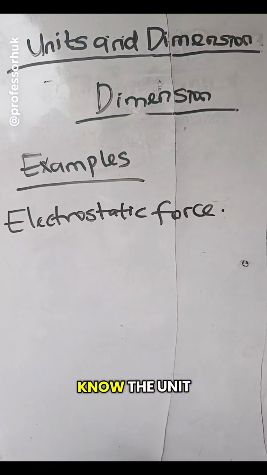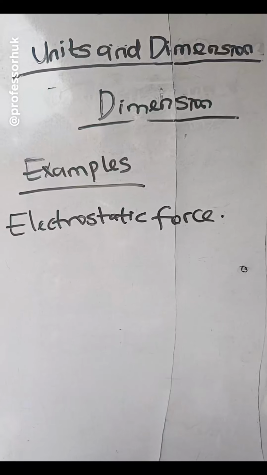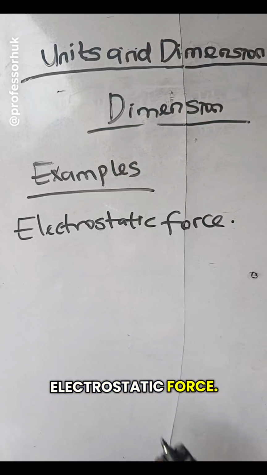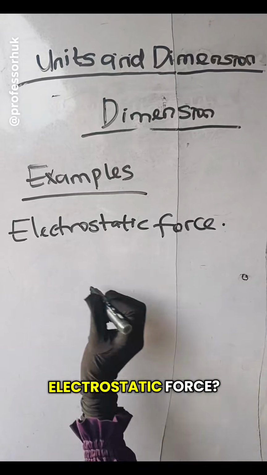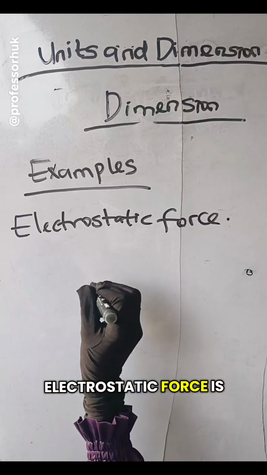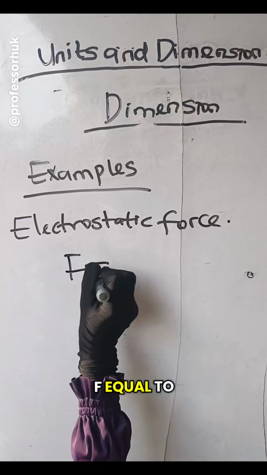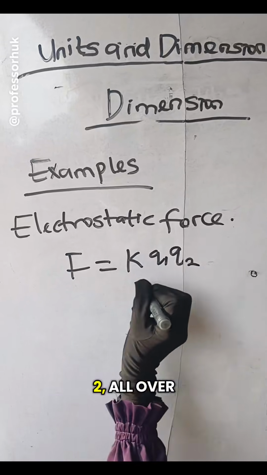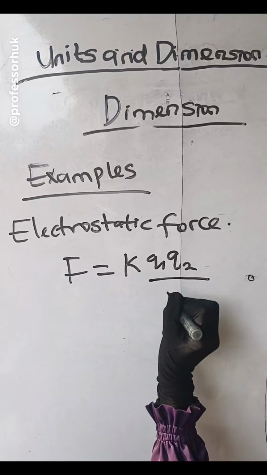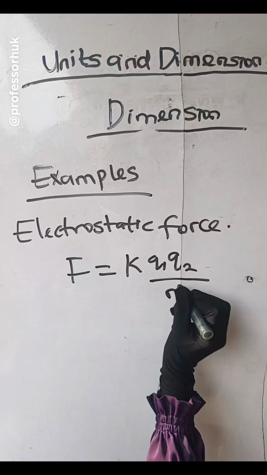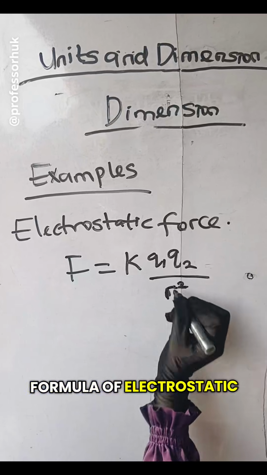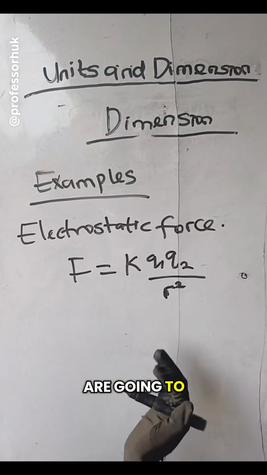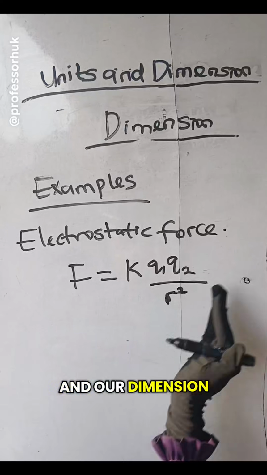For us to know the unit of electrostatic force, I think we need to know the formula of electrostatic force. So what is the formula of electrostatic force? The formula of electrostatic force is F equals K Q1 Q2 all over R squared. So now we are going to get our unit and our dimension from this.